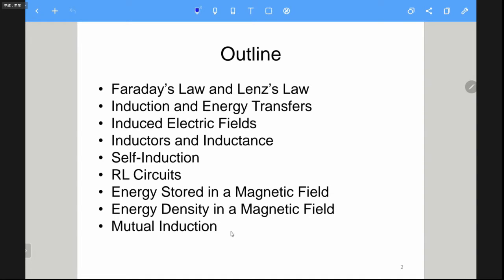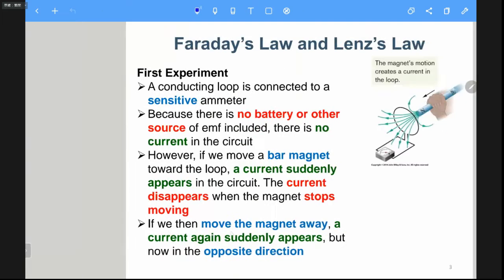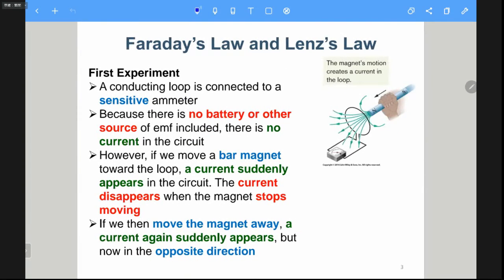Mutual inductance is somehow like a transformer. So here we talk about Faraday's law, and let's take a look at this first experiment. As you can see here, there's a hand holding a magnet bar, and here is another meter.